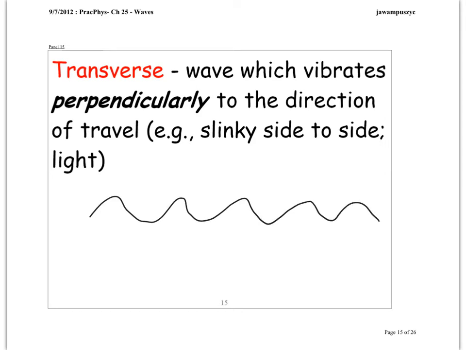If you have a wave like this, and let's say the person on the left is generating these waves, and those waves are moving left to right. The slinky itself is not moving left to right, it's moving up and down the way I have it drawn here, okay? So that's what we mean by transverse. The wave actually moves perpendicularly to the direction that the medium is moving.